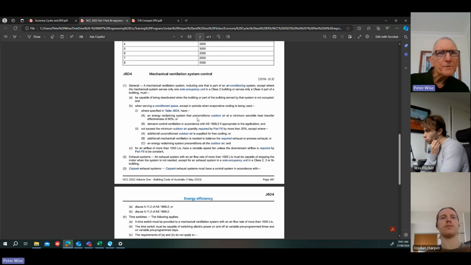Generally the 60% is a practical figure, which is about the best you get with these units. So 60% of the heat in the outside air is removed in the heat exchange process. Does that make sense? You can get this technical data from the manufacturers.